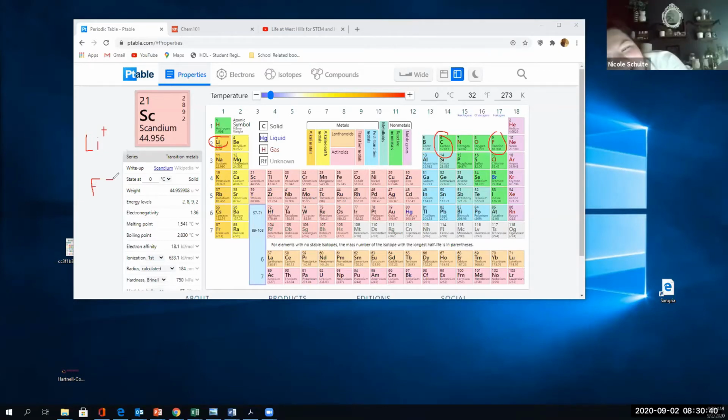They're attracted to each other. So my lithium and my fluorine form what we call an ionic bond. 2 ions coming together, ionic bond. You get it? Okay. So this is an example of an ionic bond.